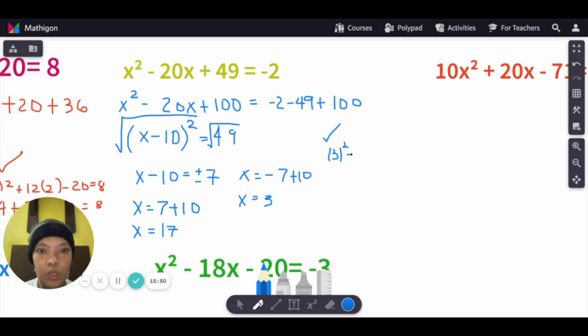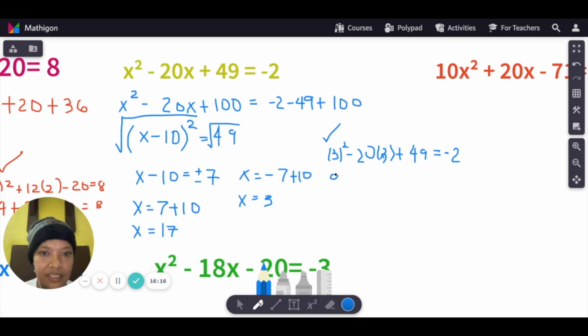So, pero hindi ko po kayo binabawalan na i-check nyo using 17. Okay, so 3 rather. Plus 49 equals negative 2. So, try natin po kung lalabas kung equal sila.